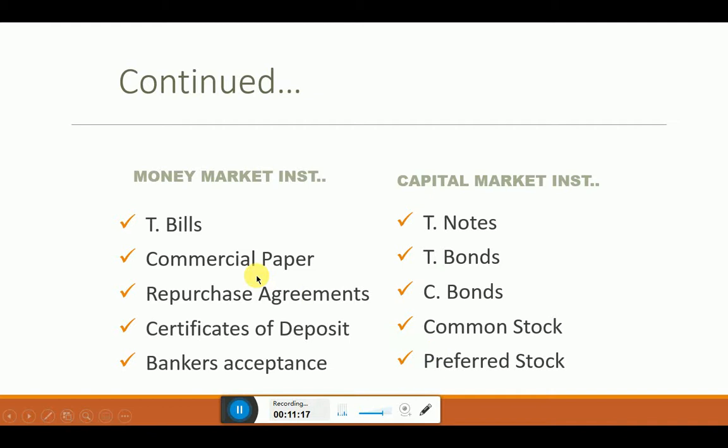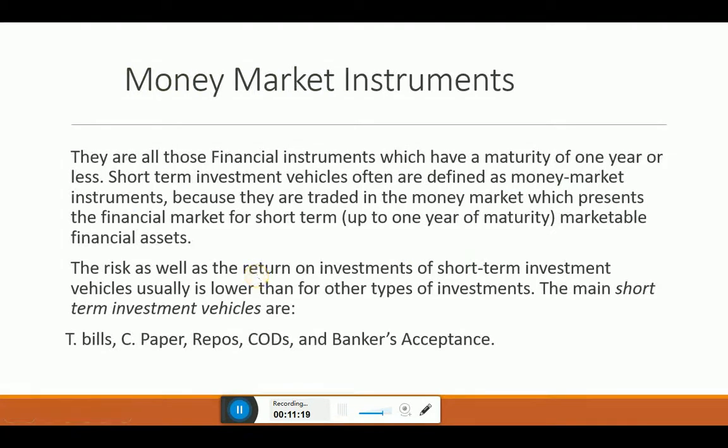Okay, so let's go ahead. Money market instruments. They are all those financial instruments which have a maturity period of 1 year or less. They are also called short-term investment vehicles.